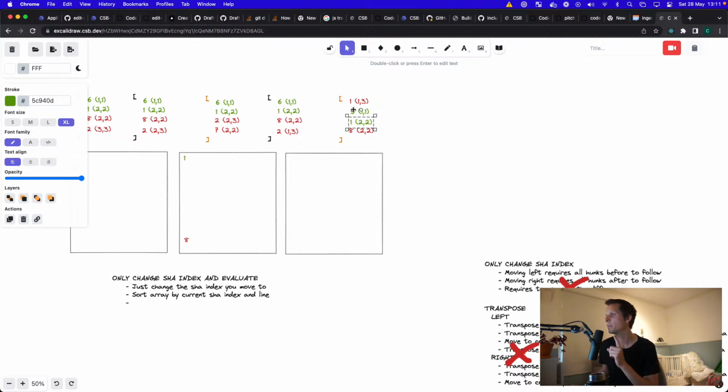So this is the problem. We transposed this one to remove the correct line. We had to transpose that one because now we have a removal in the file. And now you would have to transpose this one as well. Now this becomes 0. It doesn't make any sense, because this one is now 7.